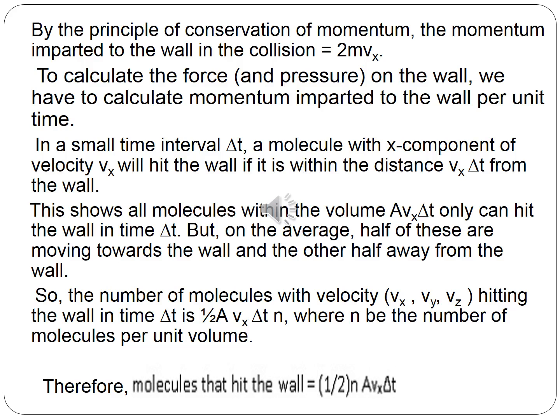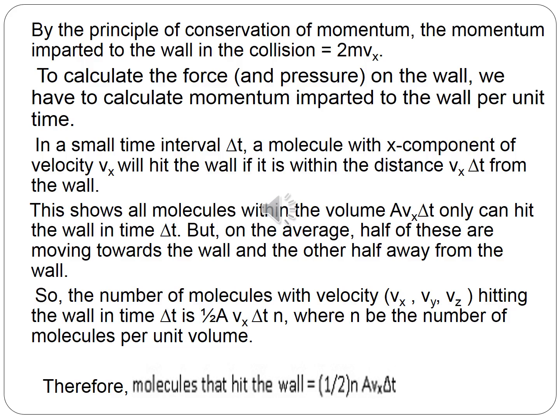As pressure is equal to force per unit area, first we have to calculate the force. Force is equal to change in momentum per unit time, or rate of change of momentum, in accordance with Newton's second law of motion.